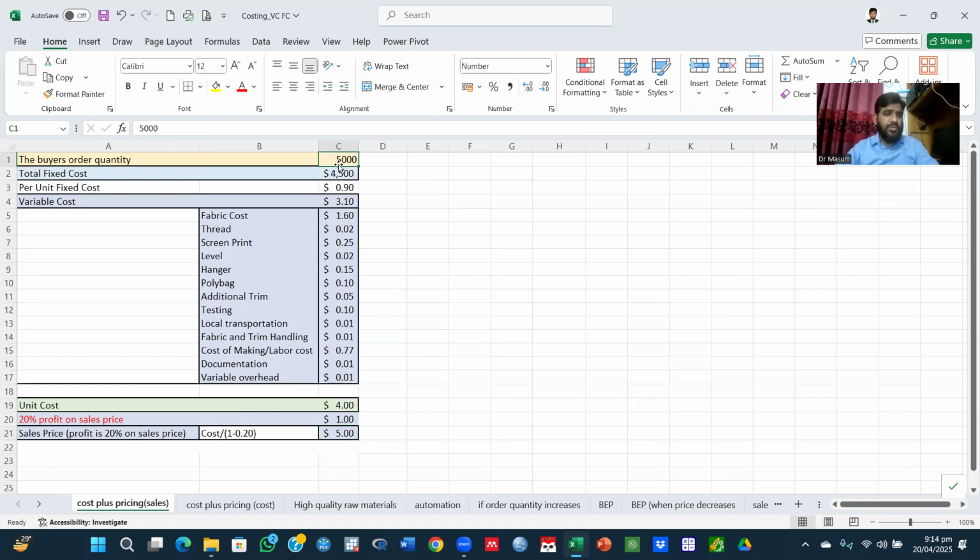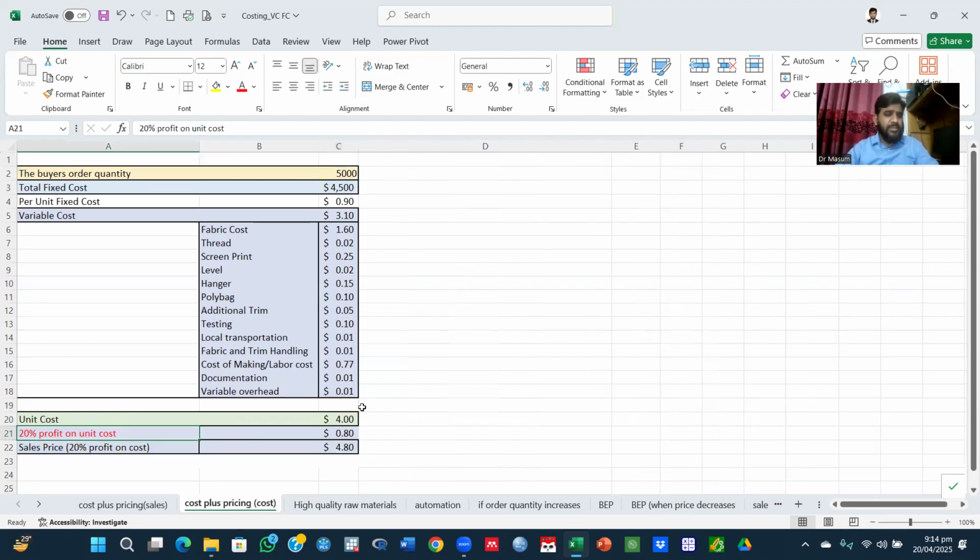So what you have to do is sell 5,000 units at $5 if you expect a profit of 20% on your sales. And when you expect 20% profit on unit cost, you have to sell 5,000 units at $4.8.